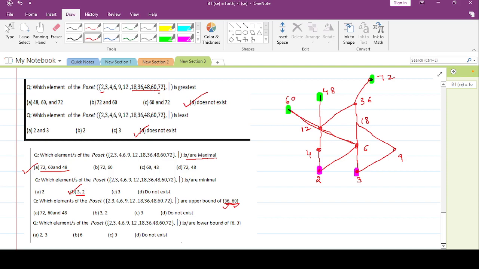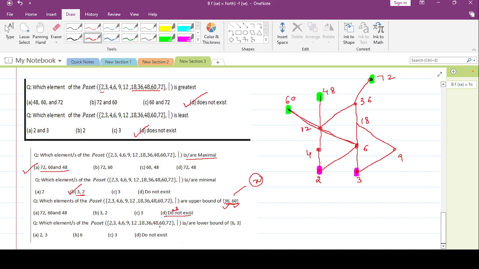But 36 divides 72 and 60 does not divide 72. What is the condition for the upper bound? Whatever element you say is the upper bound, both these elements should divide that element. So 36 divides 72 but 60 does not divide 72. So that is why we can say that it does not exist.